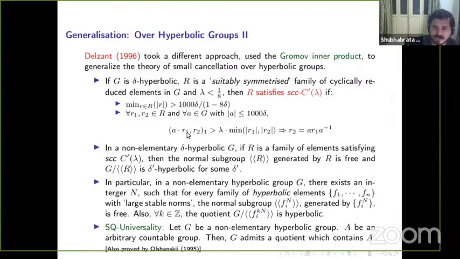R1 and R2 are elements here, and for A, where A's length is bounded above by 1000 delta, some constant, then the Gromov inner product of A R1 and R2 is considered. The definition is that for A, B, and C, this measures essentially how much the geodesics starting from C going to A and B fellow travel.